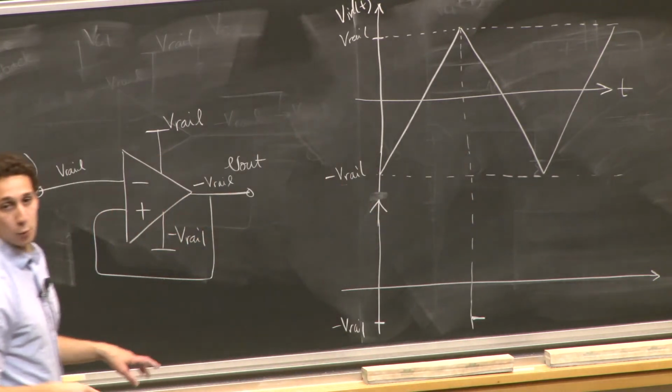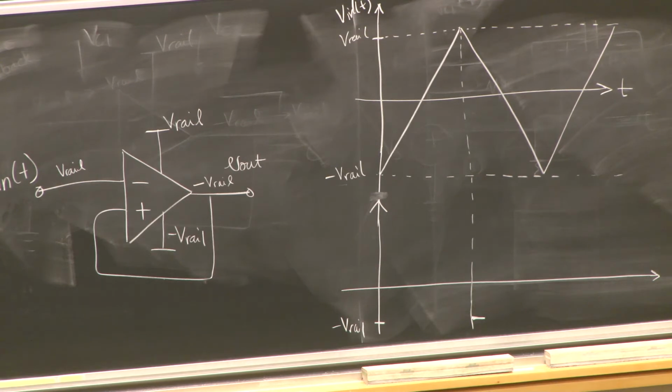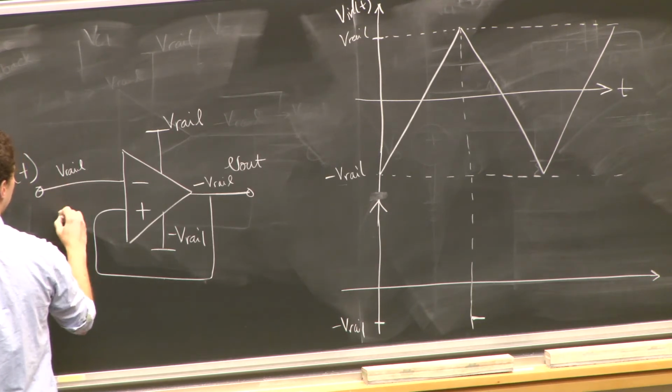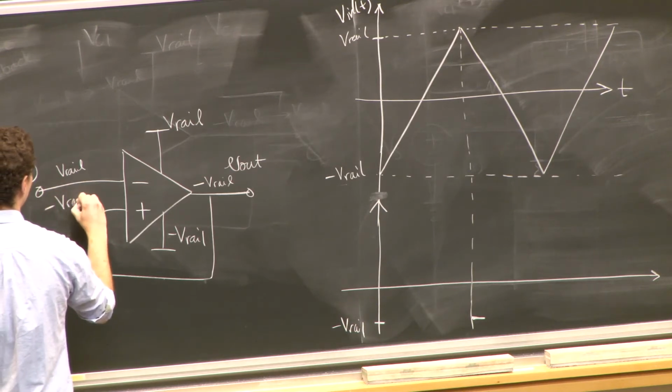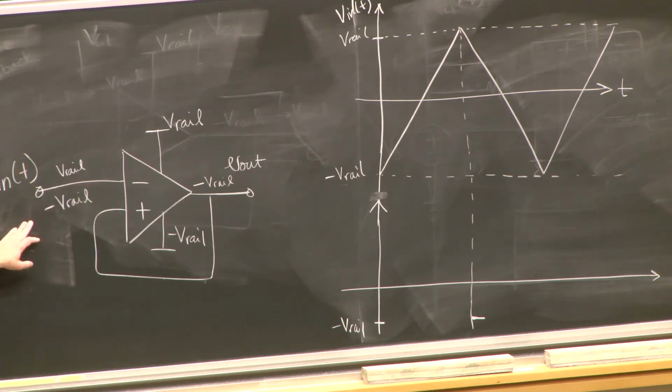Okay? At what point will that switch? What happens when this is, instead of being V rail, this is negative V rail? What will happen to the output?